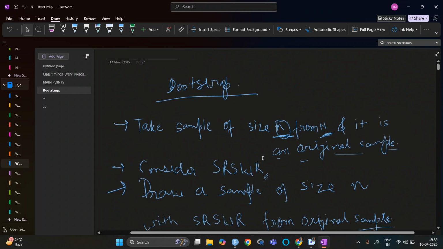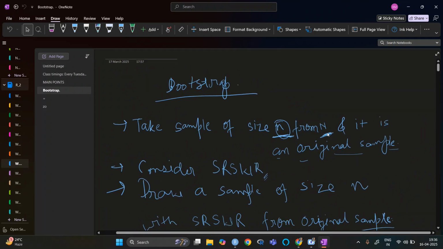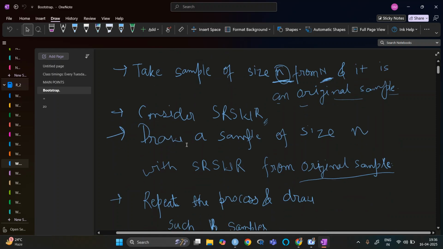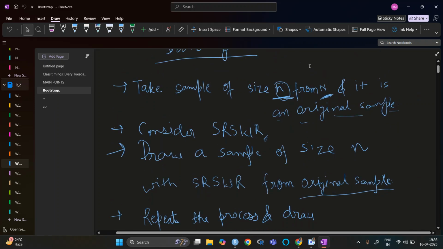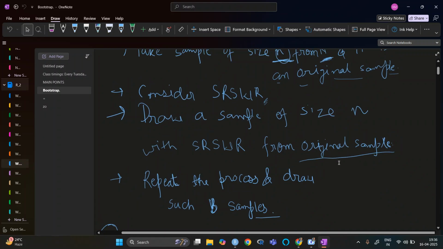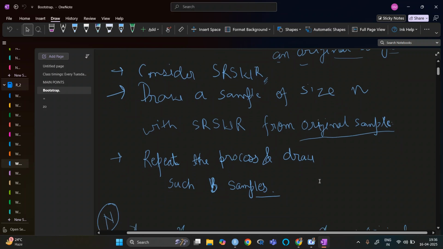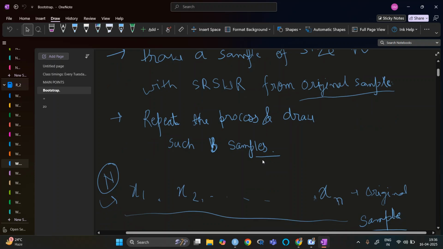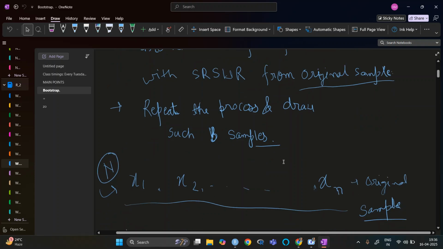We take firstly a sample of size n from the population M, and this one is the original sample. Then we consider sampling with replacement: from that original sample of size n, we take a sample of size n again and again. We repeat that process B number of times.